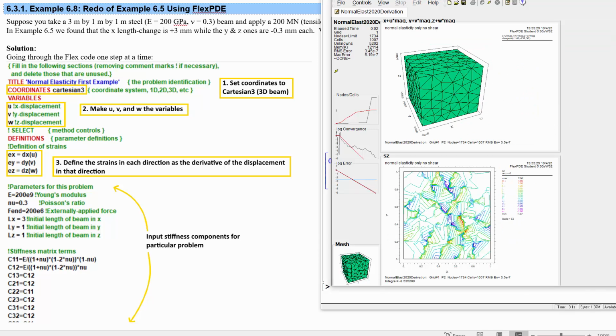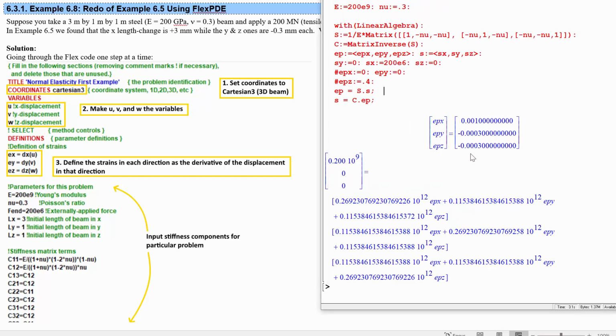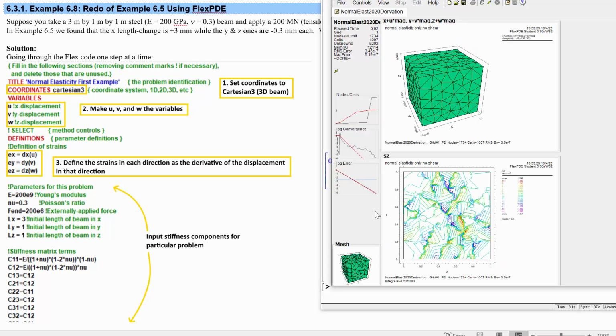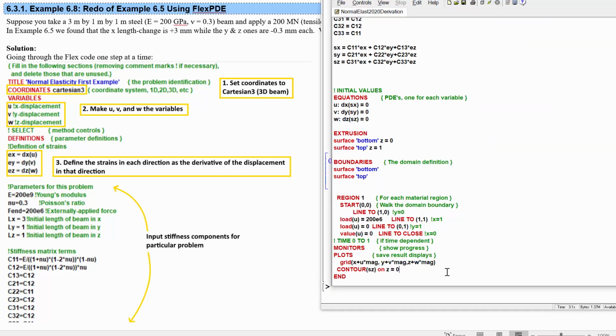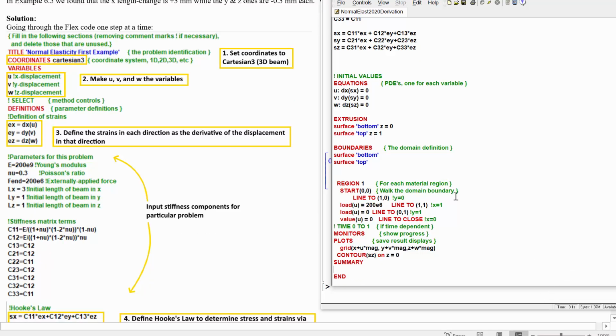And we expected from our Maple results that the strain is 0.1% and 0.03% in the other directions. Let's report that. So what we can do is pick somewhere in the middle of the object and then go and insert a summary section to report the strain. So here we go. We'll say summary and then report epsilon x.